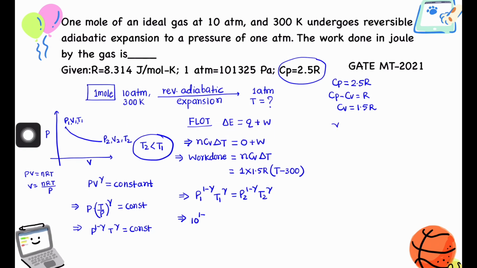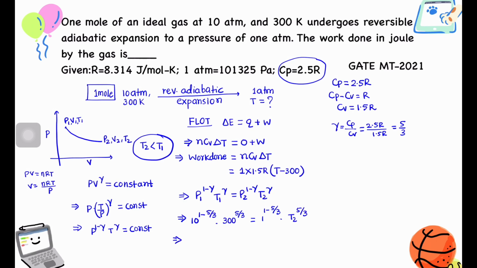Gamma is Cp by Cv. So gamma value is 2.5 R by 1.5 R, and that is 5 by 3. So you can just put it here. Temperature is 300 Kelvin, raised to 5 by 3, equal to. Next pressure is 1 atm, so 1 raised to 1 minus 5 by 3, and temperature we don't know, T2 raised to 5 by 3.